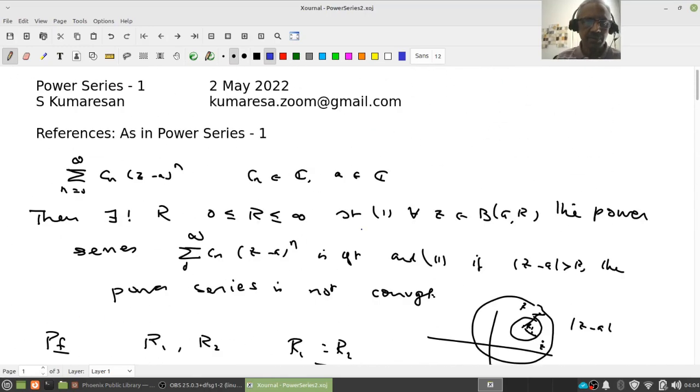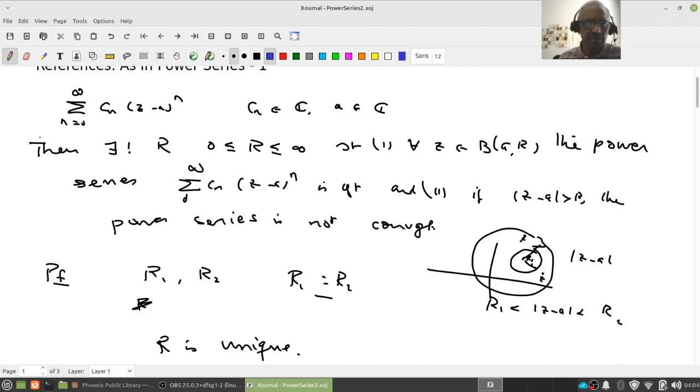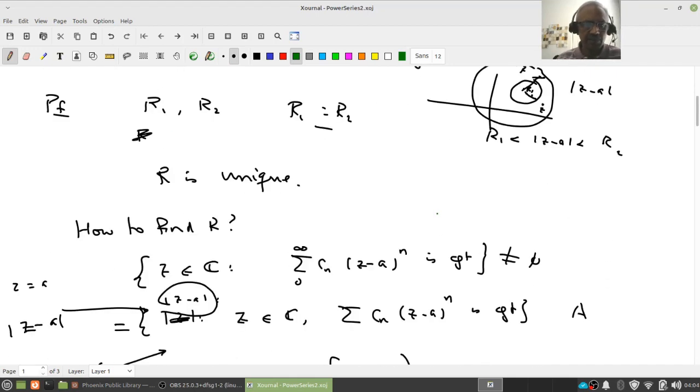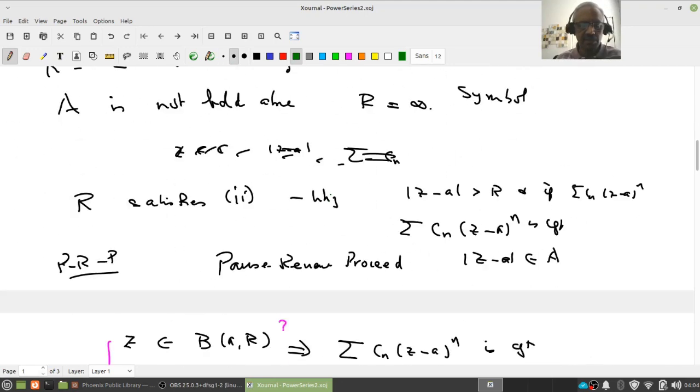What did we do? Given a power series like this, there is a unique R such that it satisfies condition 1 and condition 2. Uniqueness we already established earlier, and we also said that such an R satisfies condition 2 automatically.